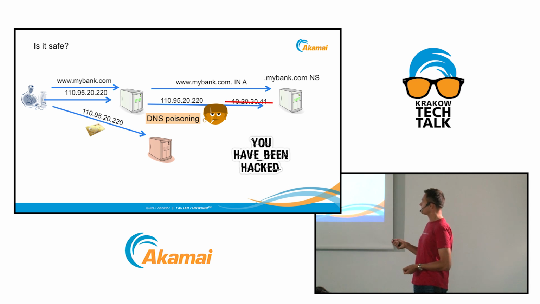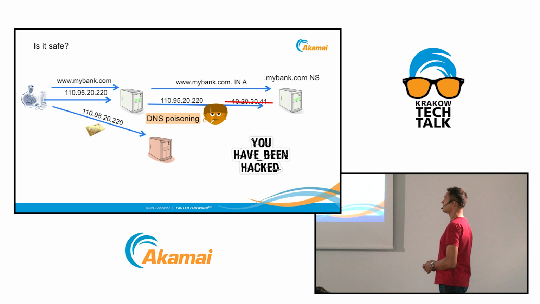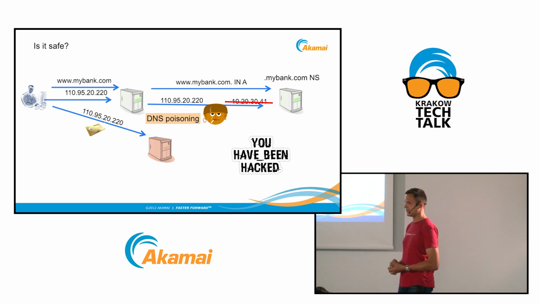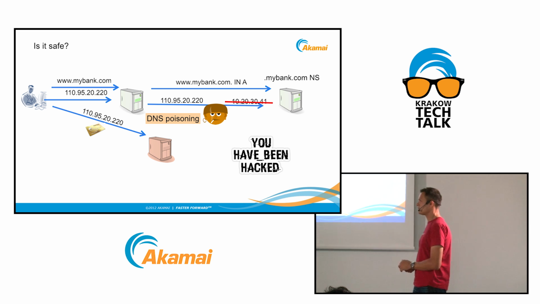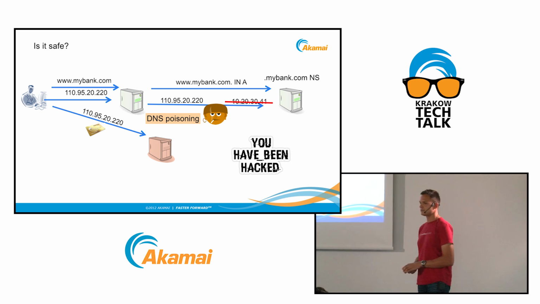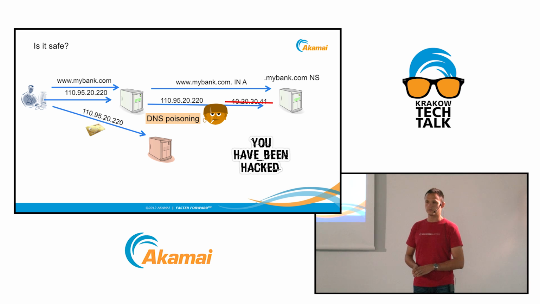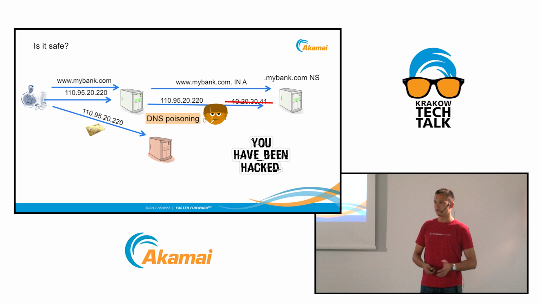Here is the IP address for the page we want to open, but there is a bad guy here. A bad guy who can poison the DNS response, meaning he can replace the correct record with one that is invalid, one that is pointing to his machine, to another page, whatever.